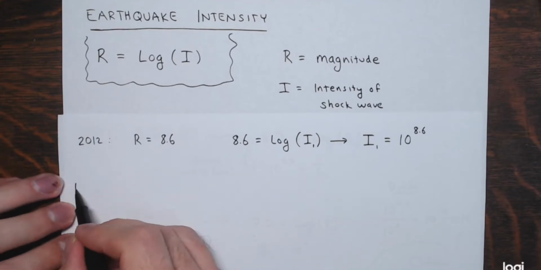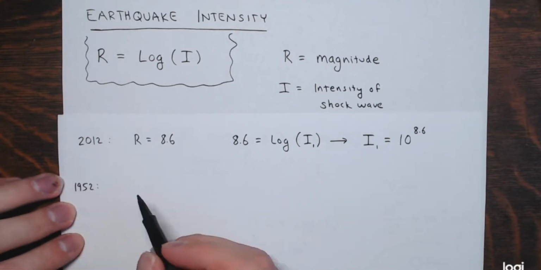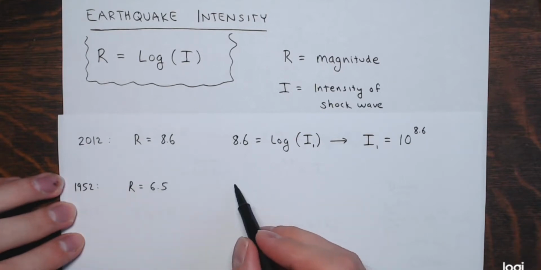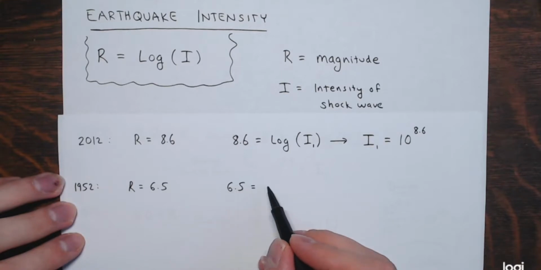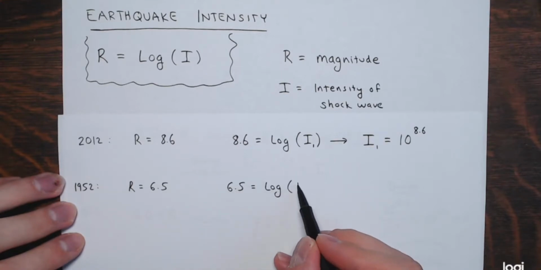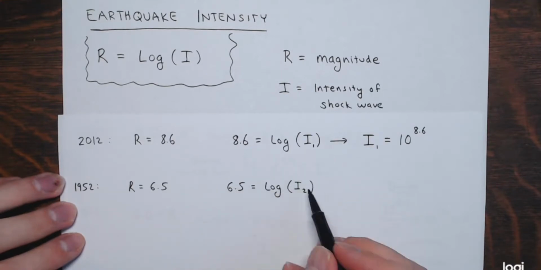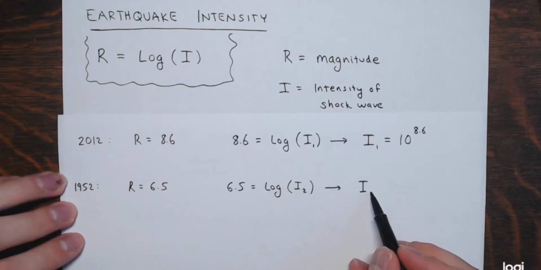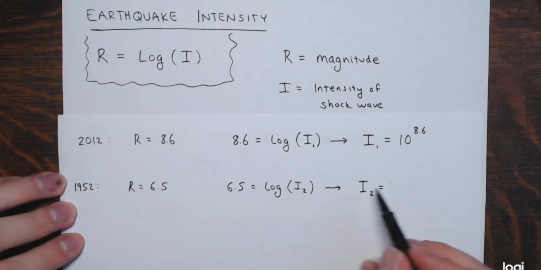And then for the 1952 quake in Uganda, the magnitude was 6.5 on the Richter scale. So we have 6.5 equals the log of I, and I'll call this I2 because it's a separate, different intensity. If you solve for I2, it would be 10 to the 6.5 power.